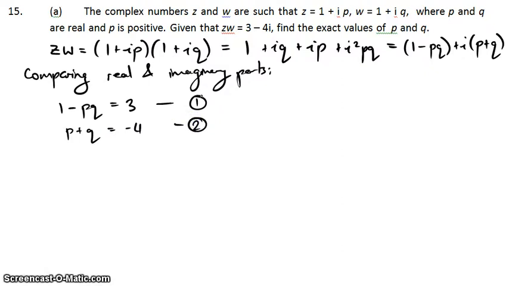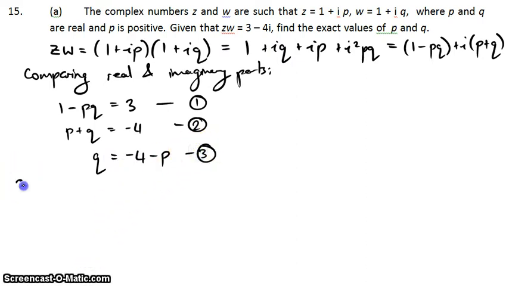So what am I going to do? Well, if we look at this, that means that q is equal to minus 4 minus p. So we'll call that equation 3.